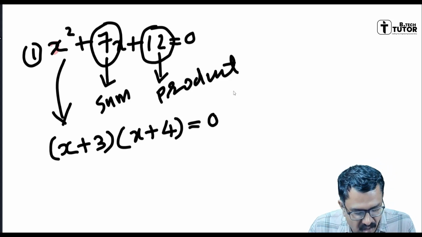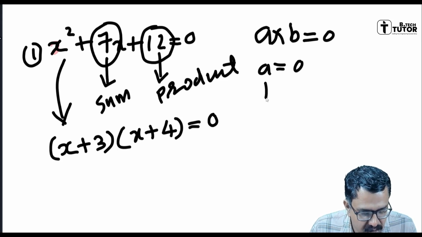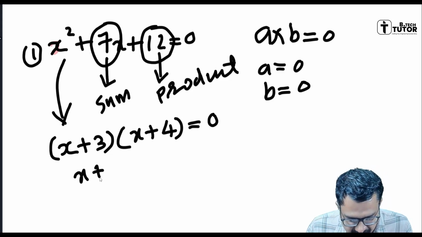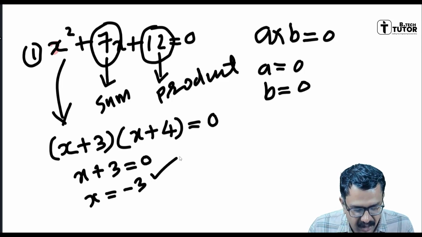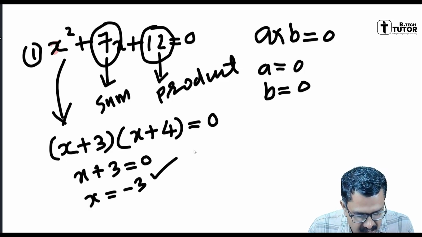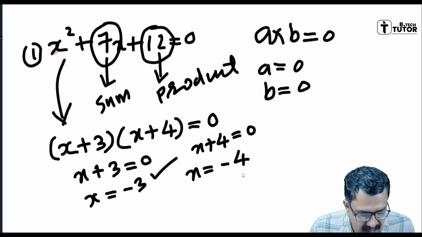Therefore, this is of the form a × b = 0. That means a = 0 or b = 0. So x + 3 = 0, that means x = −3, the first answer. And the second one is x + 4 = 0, that means x = −4.